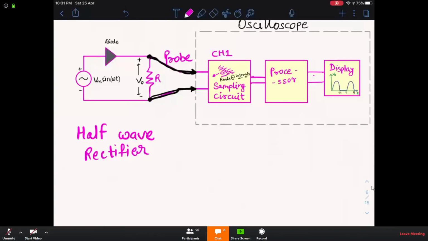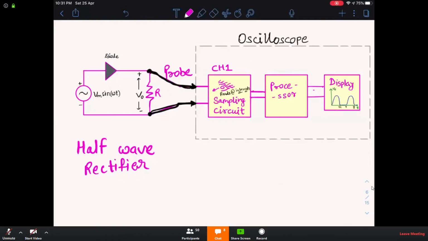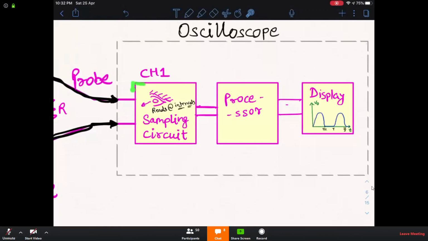And in the oscilloscope, basically there are three sections. The first section receives the input voltage, and after that there is a processor, and at the last stage there is a display. So how does it read the voltage? The first input stage has a sampling circuit.